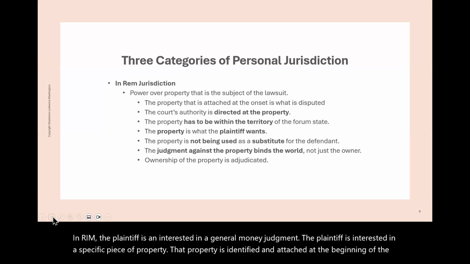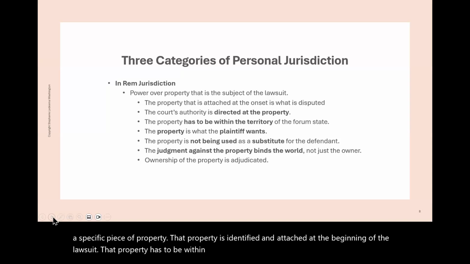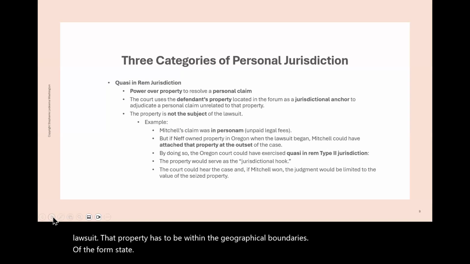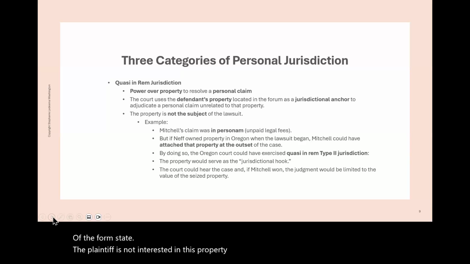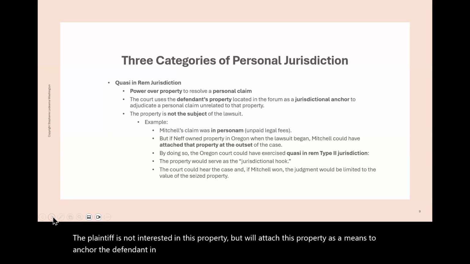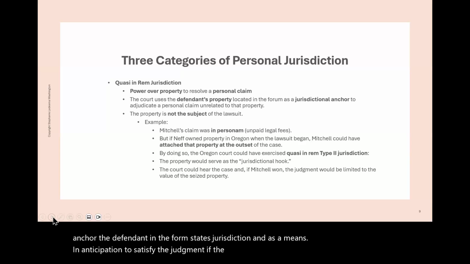That property has to be within the geographical boundaries of the forum state. In quasi in rem, the plaintiff is not interested in this property, but will attach this property as a means to anchor the defendant in the forum state's jurisdiction and as a means in anticipation to satisfy the judgment if the plaintiff in fact wins the judgment. Got it?